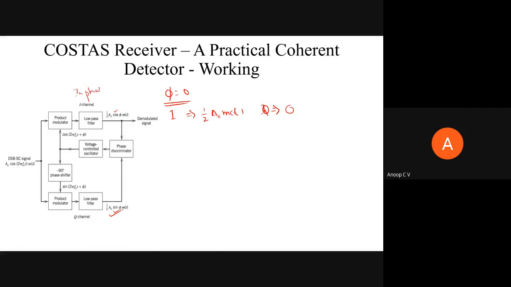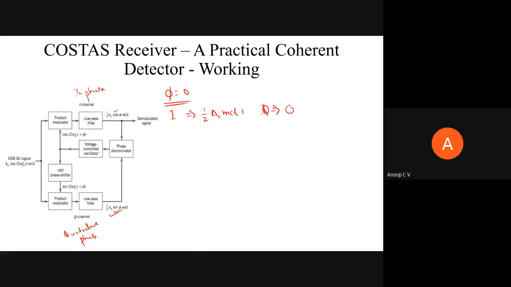I means in phase, and Q means quadrature phase. So the Q output will be 0. When you give a 0 and any other number to a product module, the output has to be 0. So there is no error signal here, which means there is no need of any adjustment.